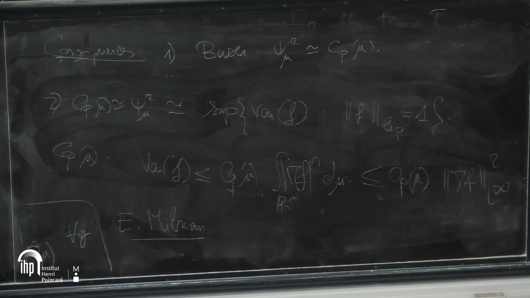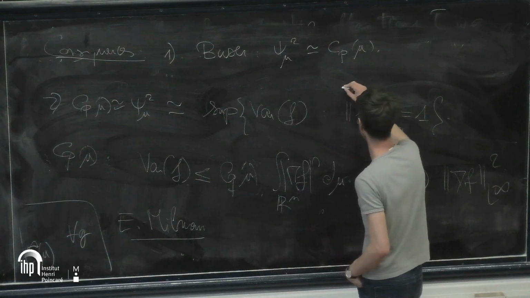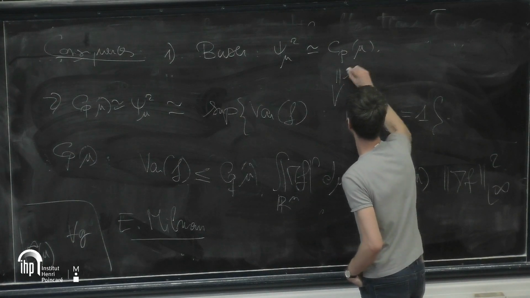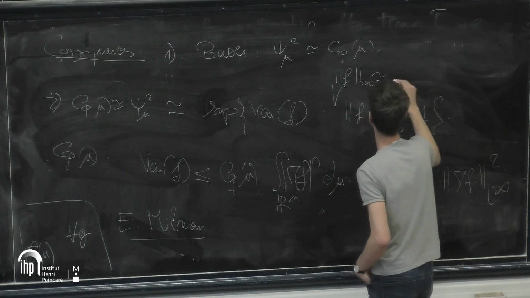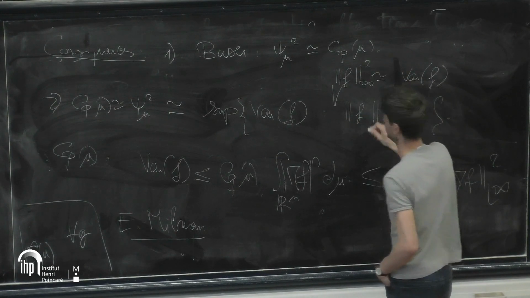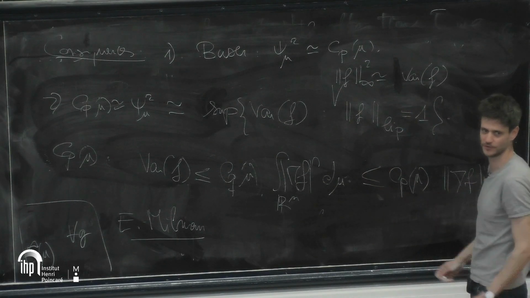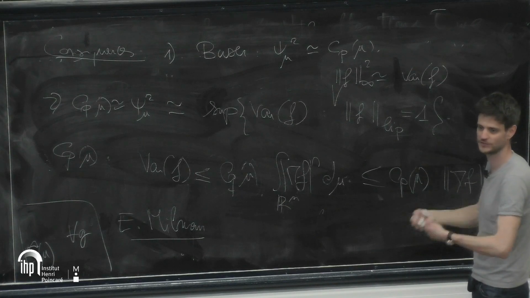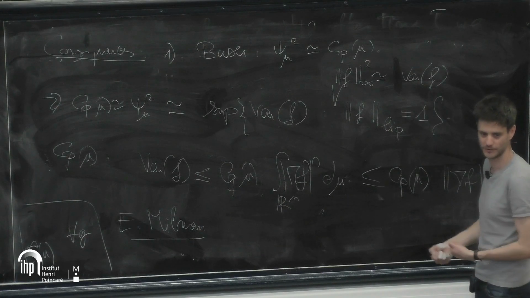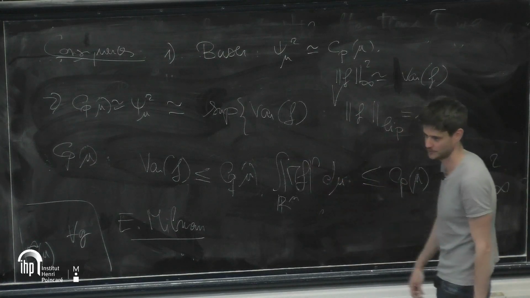So I can add this hypothesis on top. It's enough to bound the variance of a Lipschitz function whose L infinity norm is the same as the variance, roughly speaking.